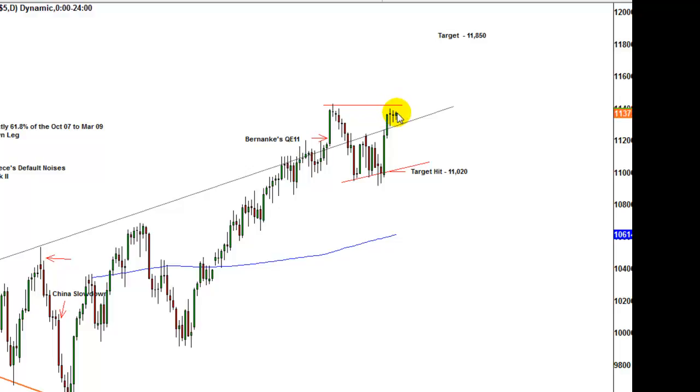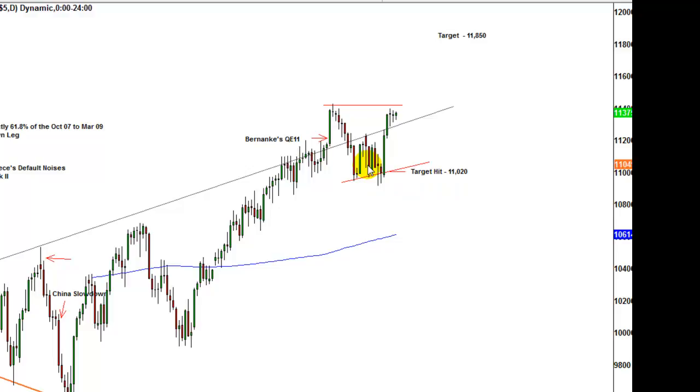So in the event that it is a triangle, and there's really a couple of alternatives in terms of wave fours, what we'll see is a breakdown in 3 waves to test this line, and then that Santa rally we've been talking about for some time to spear on up and test the 11,850 mark.